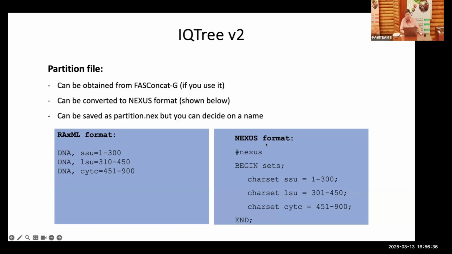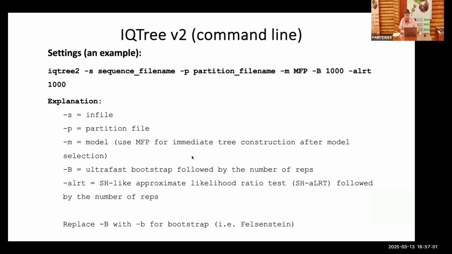Or in the Nexus format, which starts with hash nexus, begin sets, a name for your character set, the range, and so on, and end. But I don't want to spend time here because we get it from XML. This becomes important for Bayesian analysis because there you also want to partition your data.